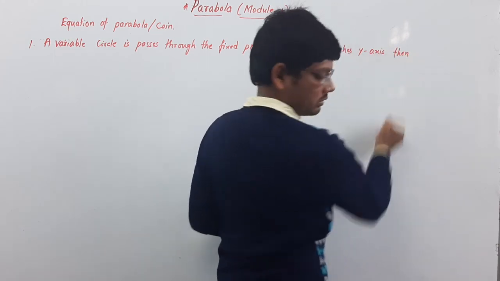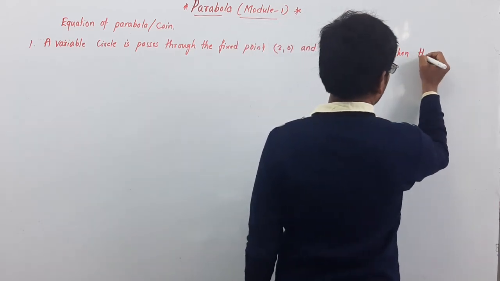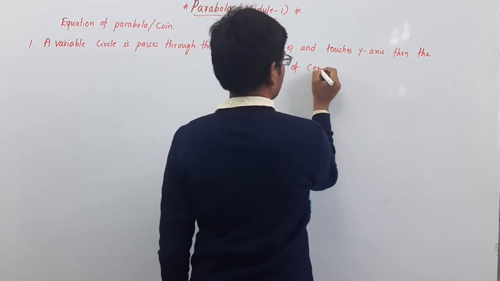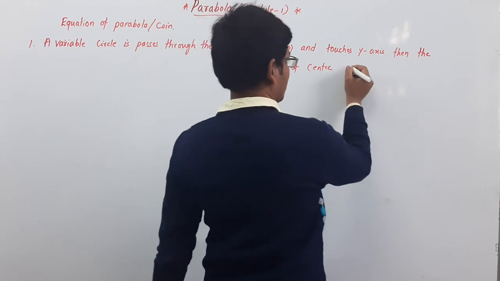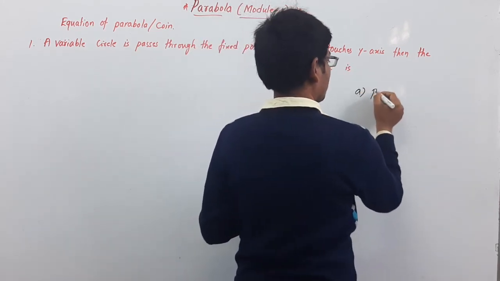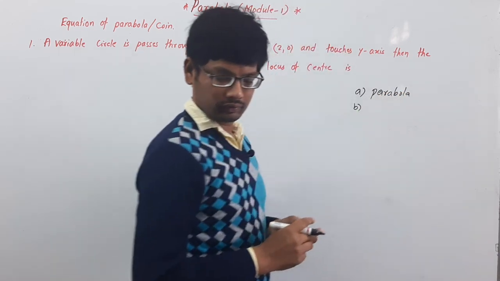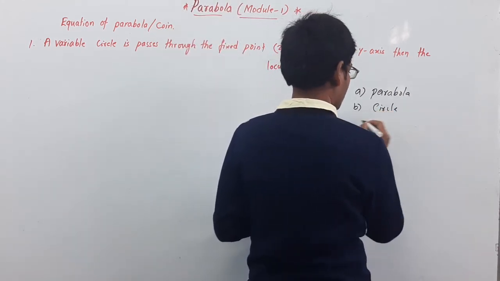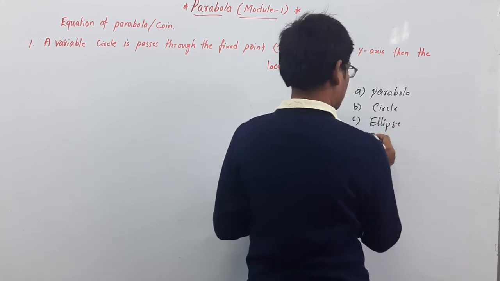Then the locus of the center is: the options are parabola, circle, ellipse, and hyperbola.